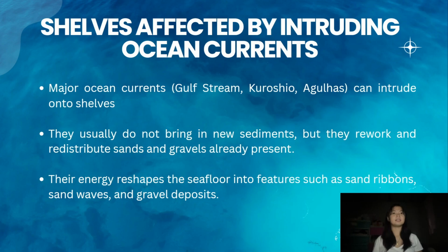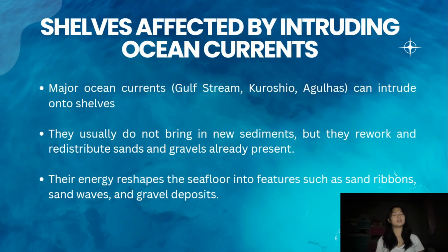So the next slide is about shelves affected by intruding ocean currents. Some continental shelves are influenced by strong ocean currents like the Gulf Stream in the Atlantic or the Kuroshio current near Asia.